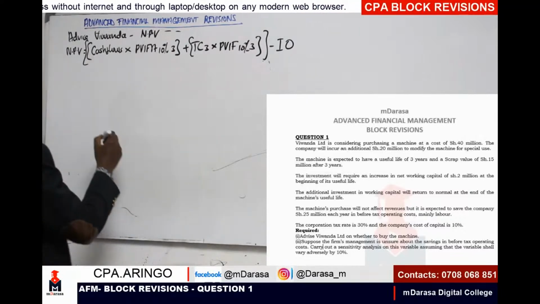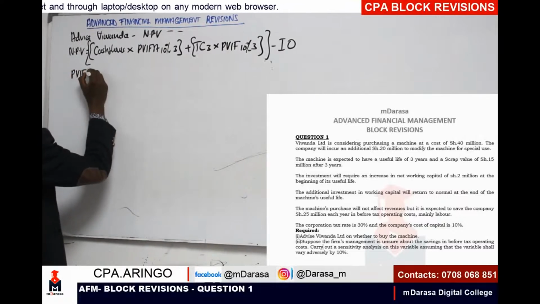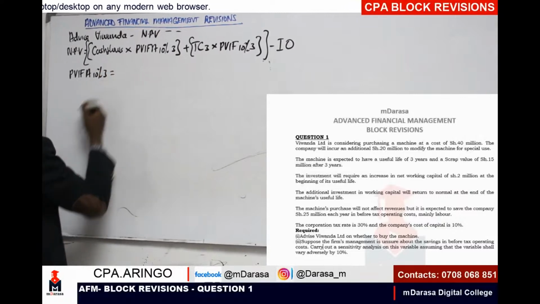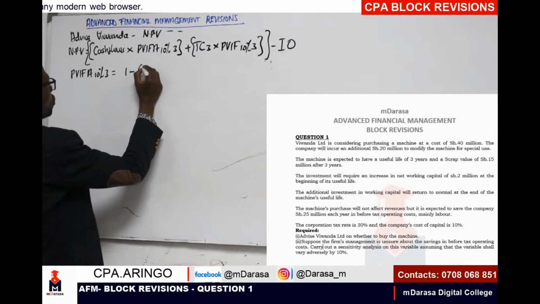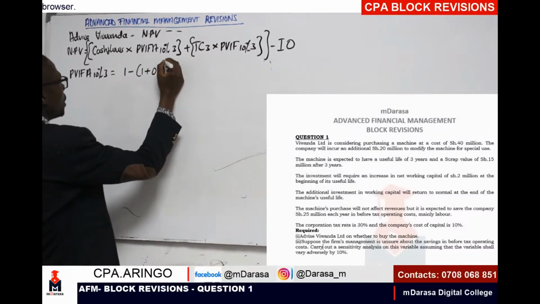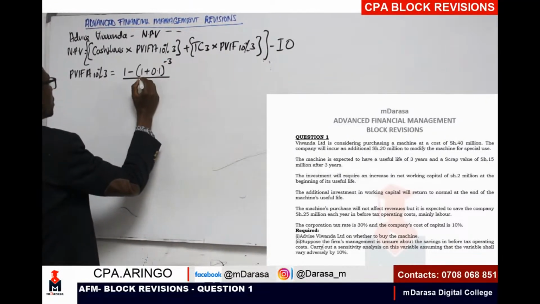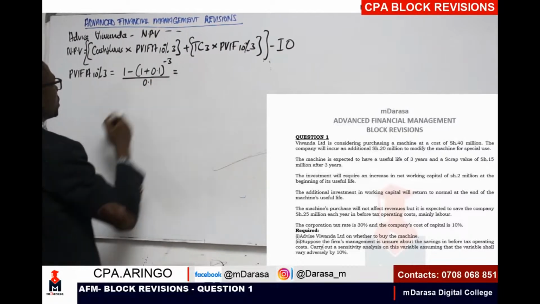First thing, determine our present value interest factor, annuity, given 10%, 3 years. We should have 1 minus 1 plus 0.1 raised to power negative 3, divided by R, which is 0.1. This should give us our factor.